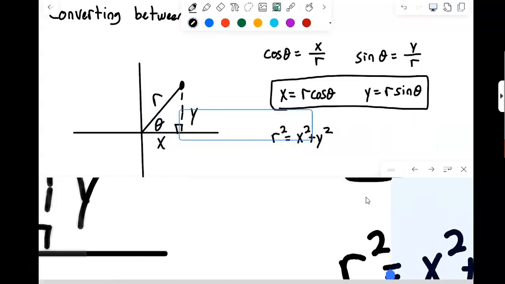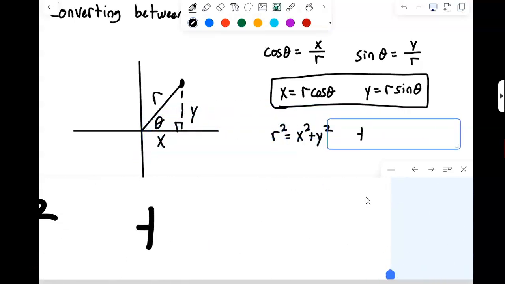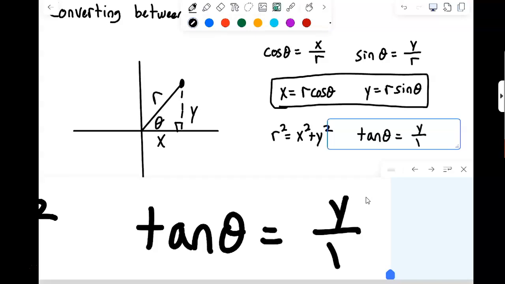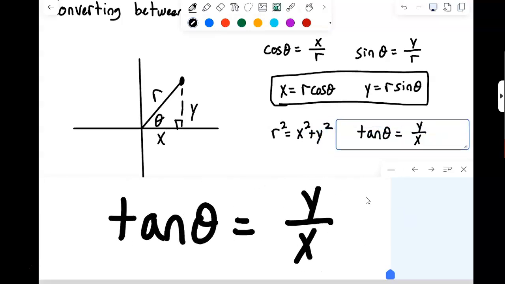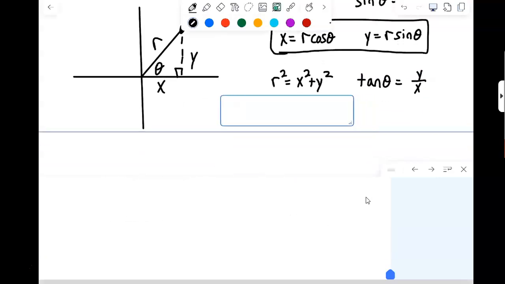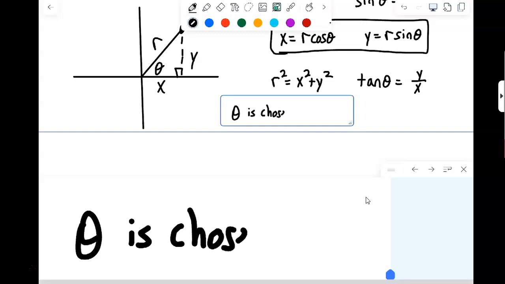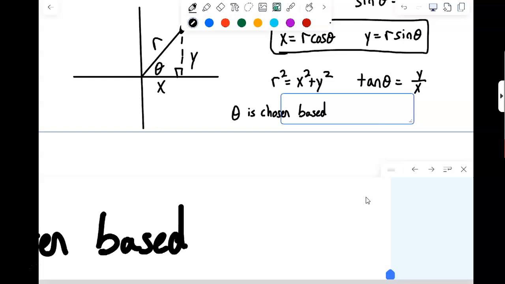Well, if you look at this, how can I relate theta to x and y? We know that the tangent of theta is equal to y over x. And in this circumstance, theta is chosen based on the quadrant of xy.